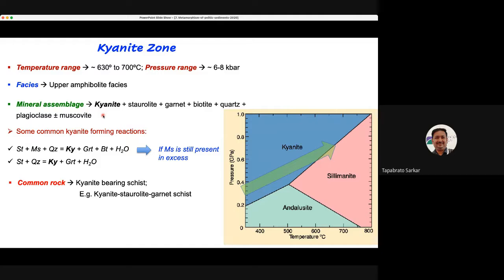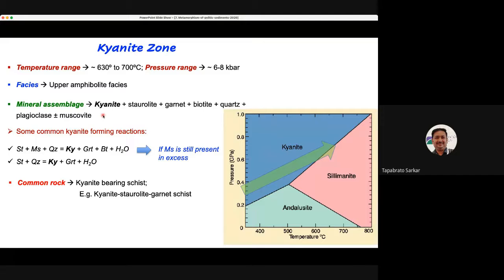So polymetamorphosed means the rock, let's say, reached the kyanite zone or the amphibolite facies condition, then it cooled down, came to the surface or near the surface, and again got metamorphosed by increasing pressure and temperature at a much later time. So these two should be separated by a large amount of time. We are not really discussing that stage at the moment. We are discussing a single stage of metamorphism.